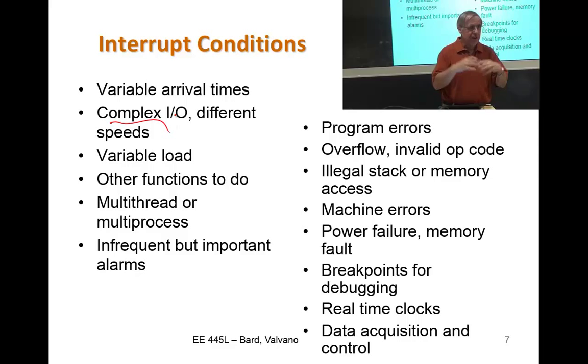When we have lots of devices, and some are fast, some are slow, it's easy to mix multiple devices together using interrupts. So we just let each one interrupt when it needs to perform its service, and that's a way to mix a lot of devices together. If the load varies, in other words, what happens at lunchtime at Wendy's?